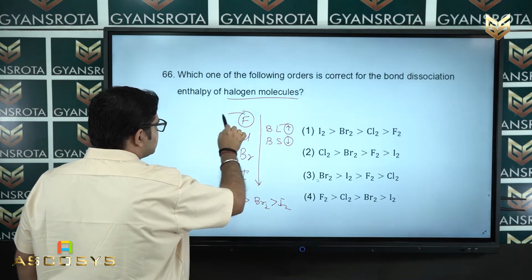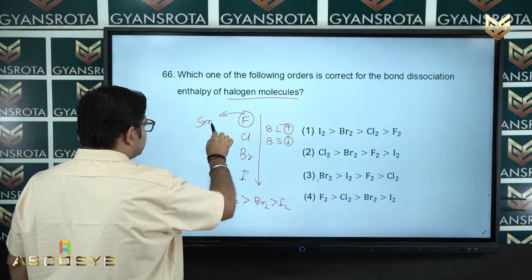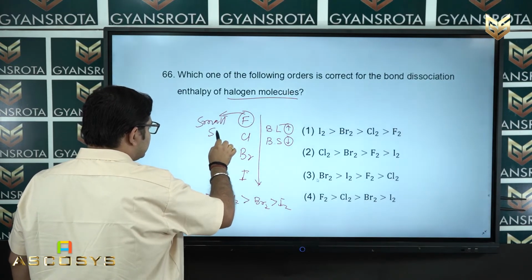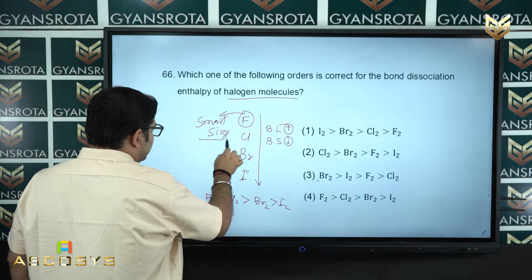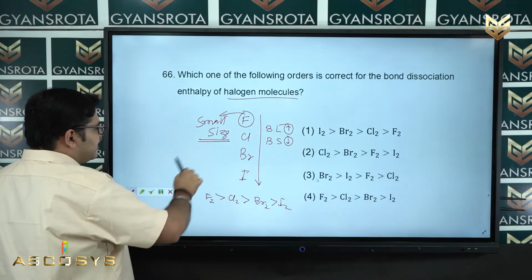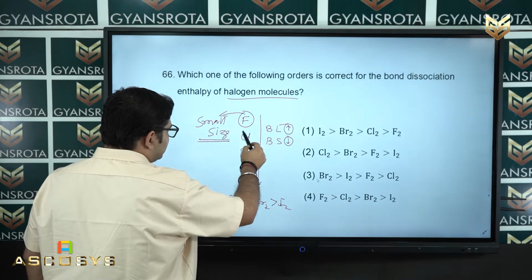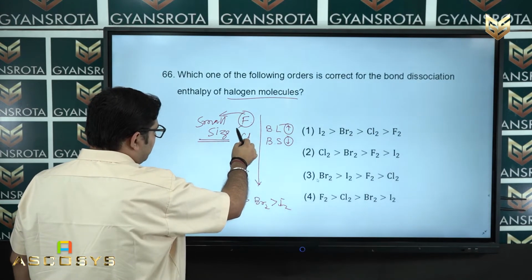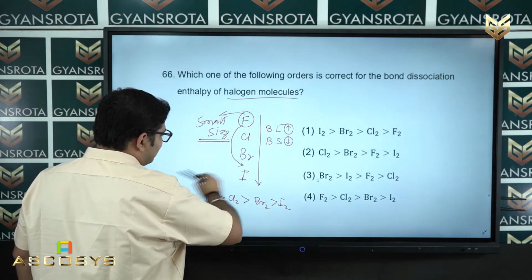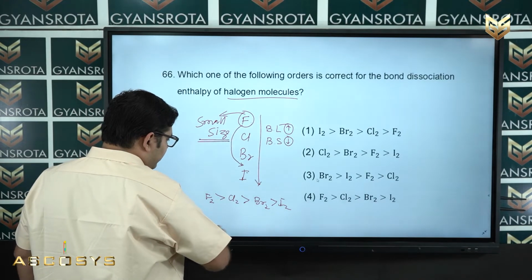Due to its small size, and the repulsion between the electrons, as a result the bond dissociation energy or bond strength of fluorine will decrease. So what order are we obtaining?